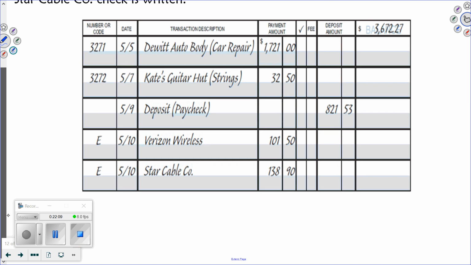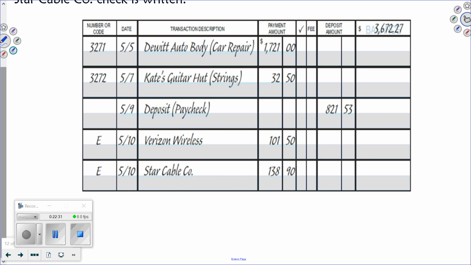So, looking at his registry, we see at the top the balance. He had over $3,600 to start with. Looks like he wrote check number 3271 to DeWitt Auto Body, and he paid them over $1,700. It's a lot of money. So what are we going to do with that $1,700? We're going to subtract that.